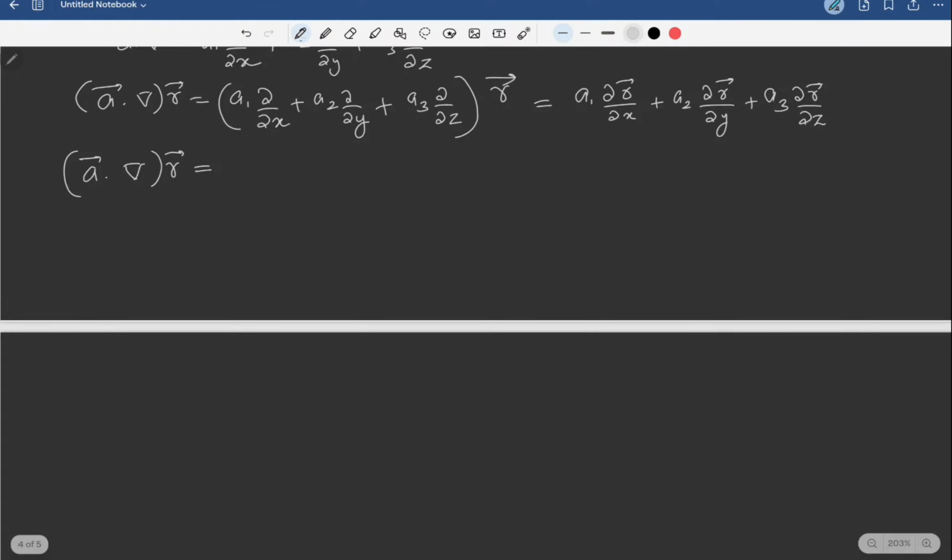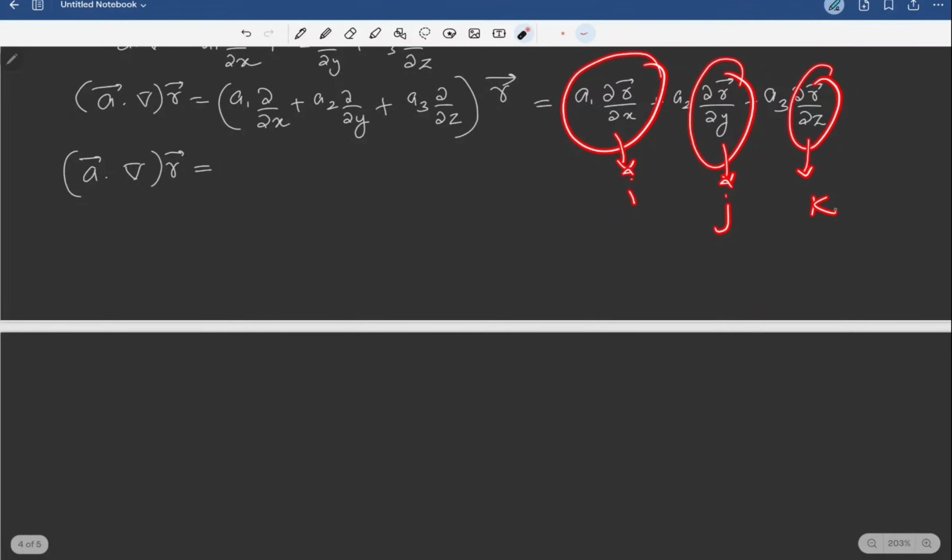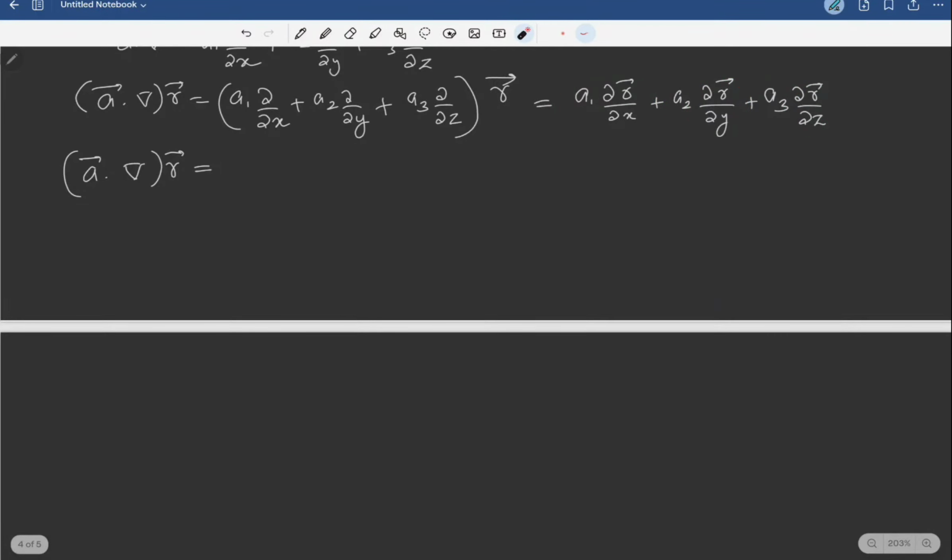Remember this corresponds to i cap, this corresponds to j cap, this corresponds to k cap. We have discussed that in a previous class, so I'll write it directly, a1 into i cap plus a2 into j cap plus a3 into k cap. This is in fact the a vector, so the answer is A.